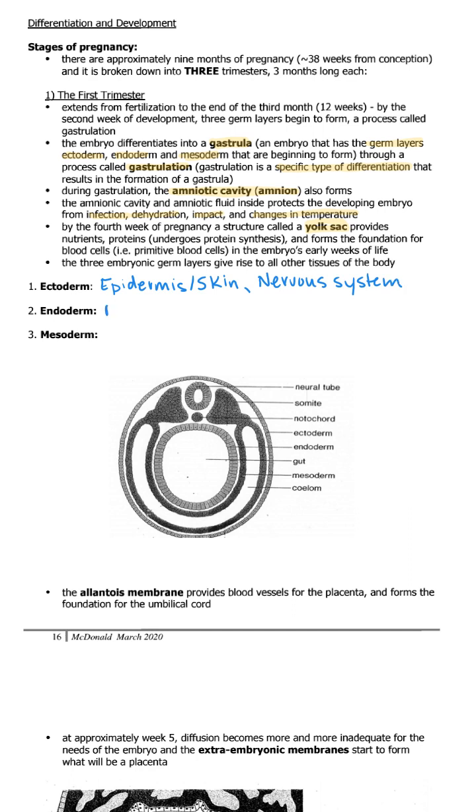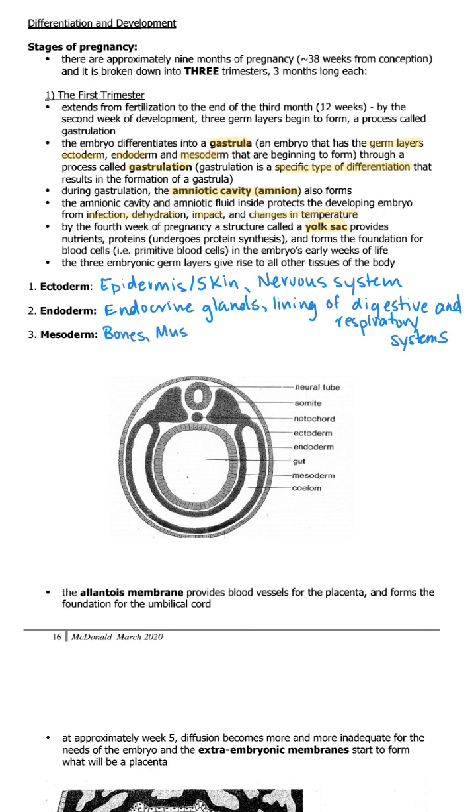The endoderm gives rise to the endocrine glands, as well as the lining of the digestive and respiratory systems. And it's important that you memorize these.